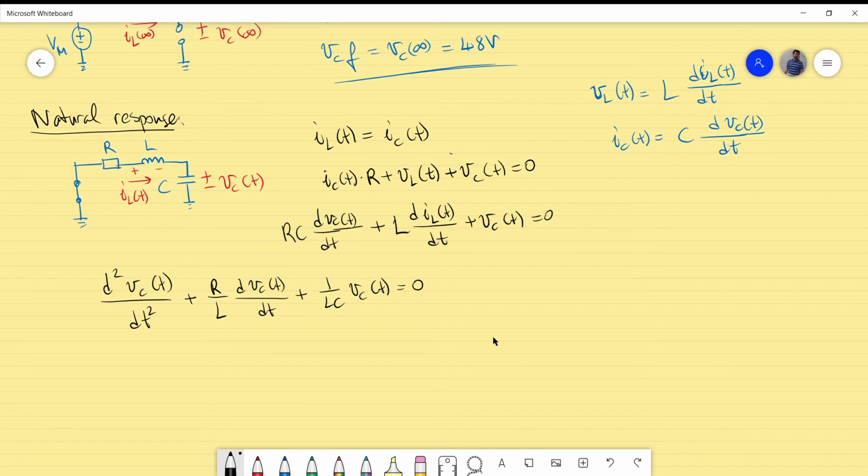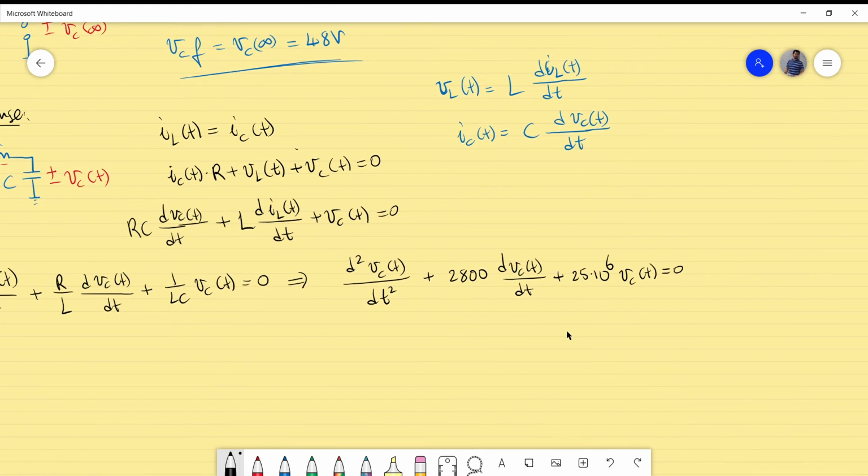I will get the second derivative of the capacitor voltage, plus 2800, that's actually 280 divided by 0.1, times the first derivative of the capacitor voltage, and then 1 over the product of the LC, that will give us 25 million, so 25 times 10 to the power 6 VC, and it will give us 0.